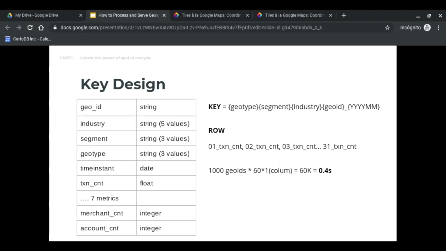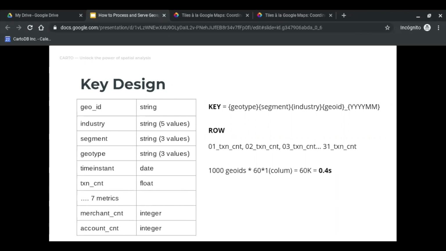And with that idea, you go for one GeoID, forget all the other data, and go only to one single row. After that, you apply some filters and you get the metric that you want. Because we are only offering 1 metric, if you are interested in transactional account, you only need to take this column, these cells of data.